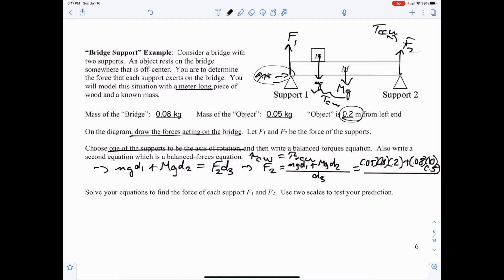And then d3 is all the way at the other end, that's 1 meter. So force 2, let me write it down here, I'm running out of room. Force 2 is 0.05 times 10 times 0.2, which is 0.1, plus 0.08 times 10 times 0.5, which is 0.4. All that divided by 1.